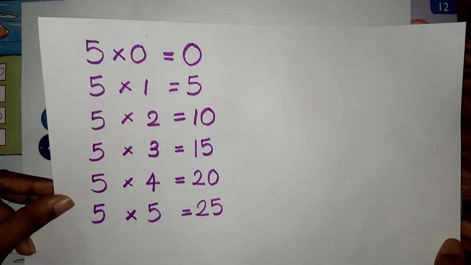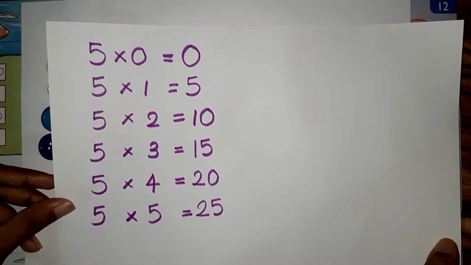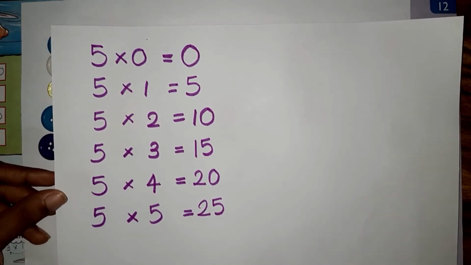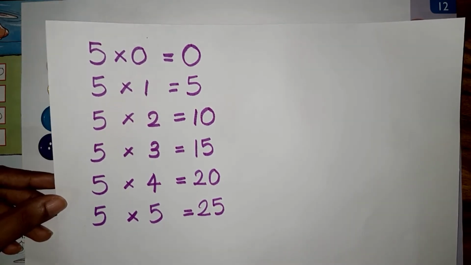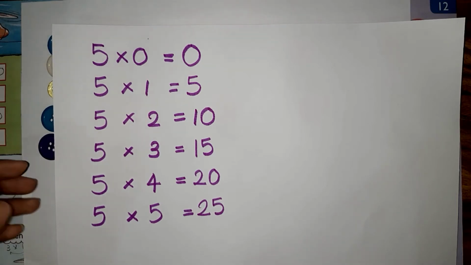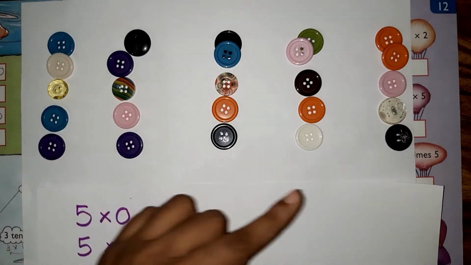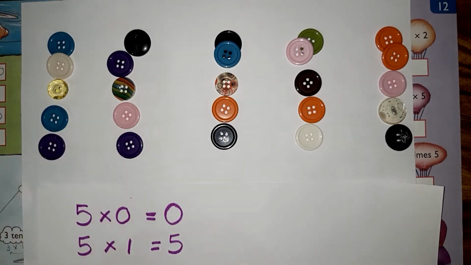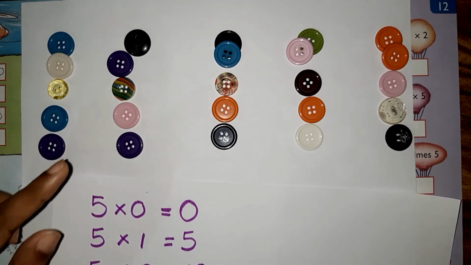Okay, before moving to the next number, I want to ask you a question. Did you see any pattern here? As I told you previously, we need to add 5 buttons each time to increase the number of buttons in each set. At every step I have added 5 buttons.